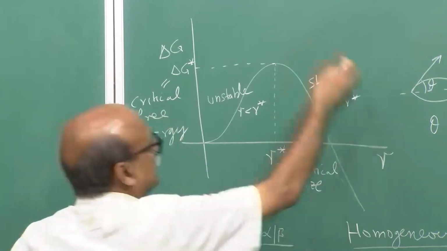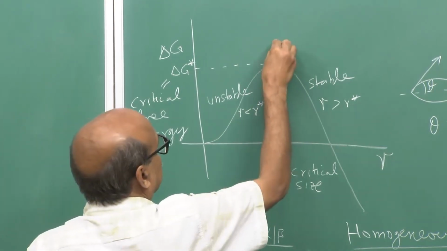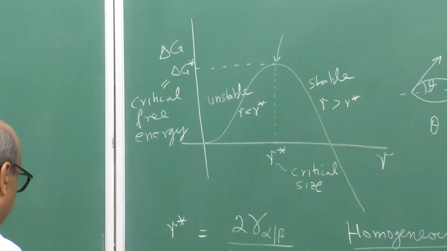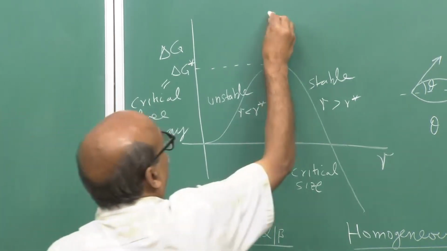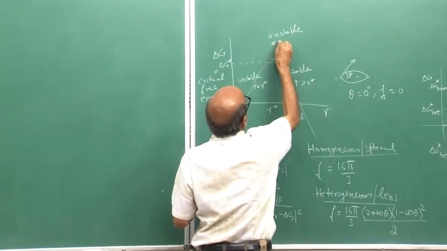So we would need to produce a stable nucleus in order for the phase transformation to proceed. At the critical size, a nucleus that is formed is under what we can call unstable equilibrium.